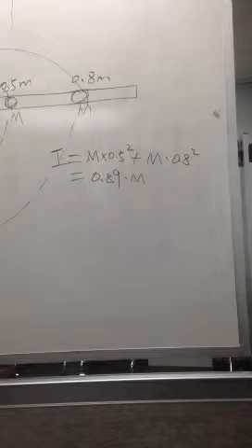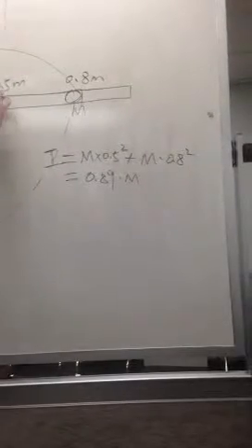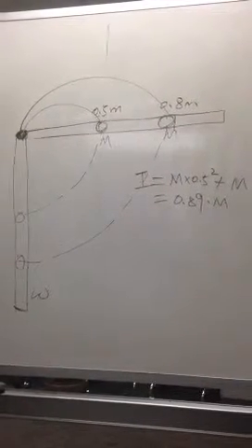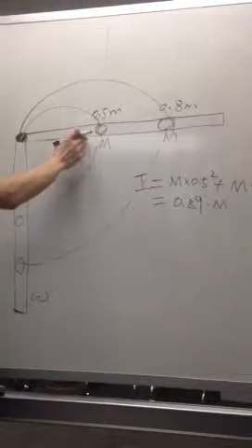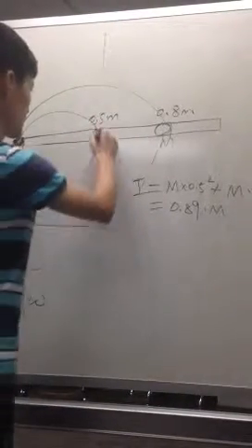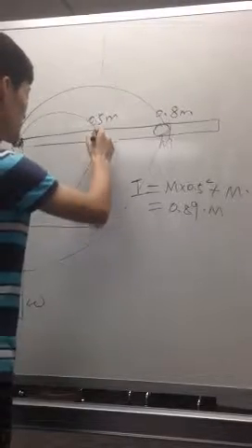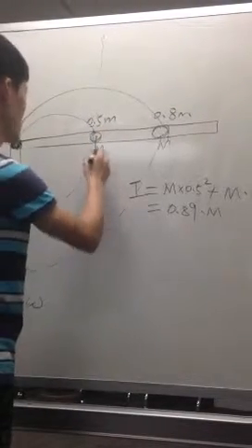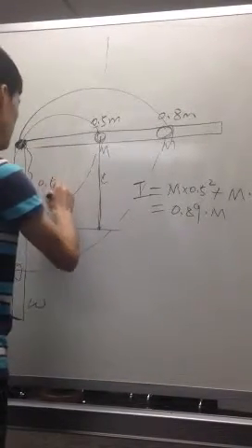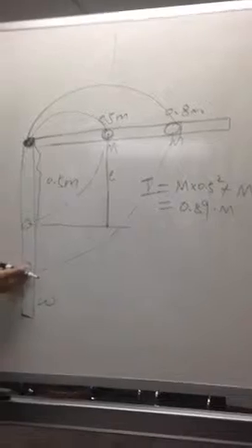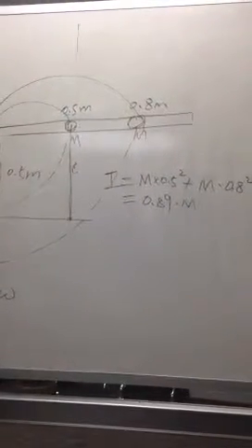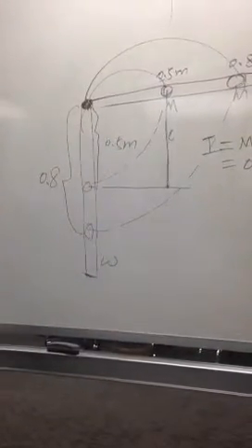And the next thing is, what's the energy here? It's the potential energy. When it goes from here to here, this object dropped 0.5 meter, right? And this object goes from here to here, it drops 0.8 meter.